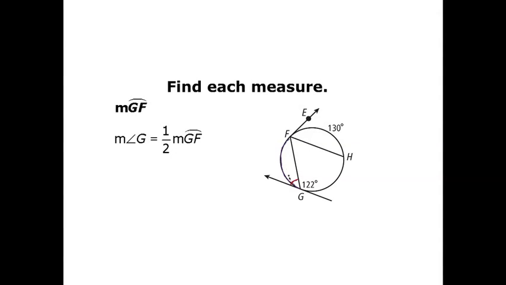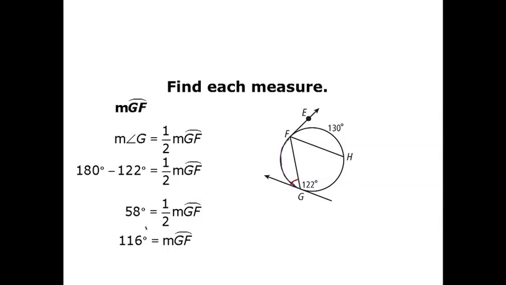So, using that idea, because this other angle here is 122 degrees, I can just take 180, because I have a straight line, and subtract the 122 to get that particular angle, and that's going to equal half of the arc GF. So 58 degrees is half of the measure of arc GF, and to get rid of that half, using my fraction rules, I'm just going to multiply by the reciprocal. The reciprocal of 1/2 is 2. So 2 times 58 gives me 116 degrees for the measure of that arc.